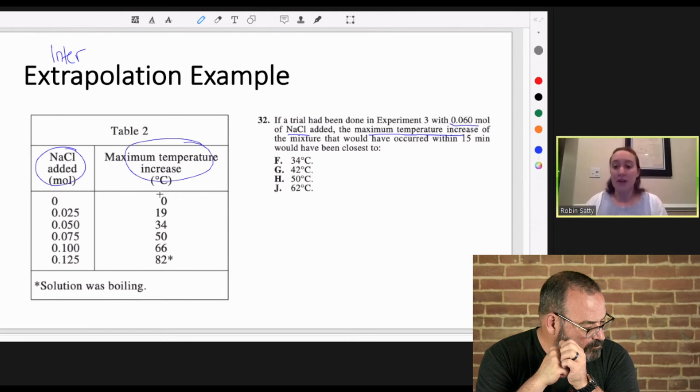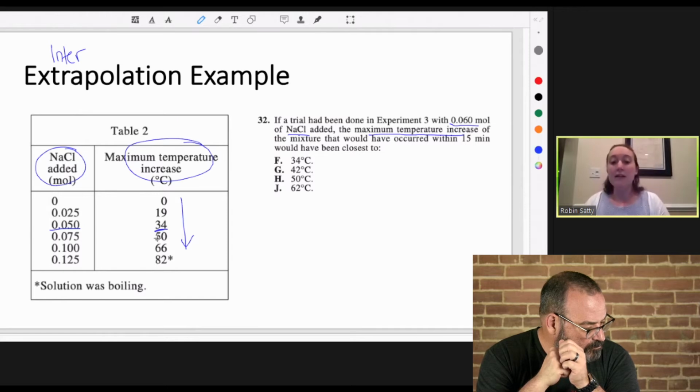NaCl, maximum temperature increase, and it says 0.06 moles of NaCl. 0.06 would go in between here, which means that since we have a trend of increasing temperature, with not a lot of variation in that trend, we would then expect that the value that goes in between here would be in between 34 and 50. If you want to get really specific, you would see that 0.06 is closer to 0.05 than 0.075, so you'd think the answer would be closer to 34 than 50.